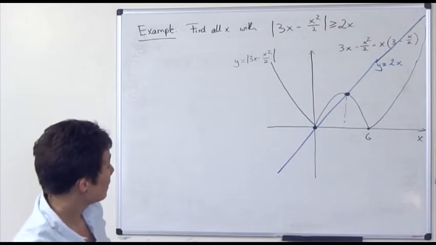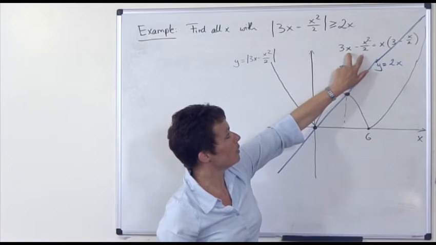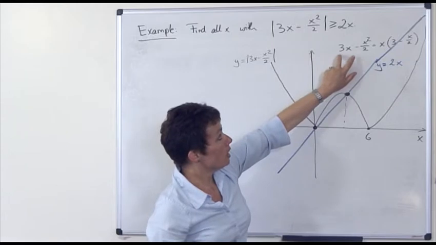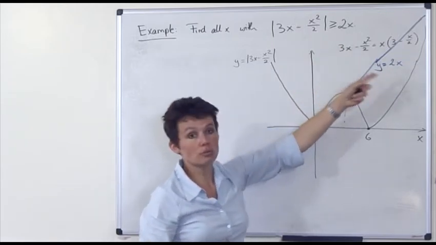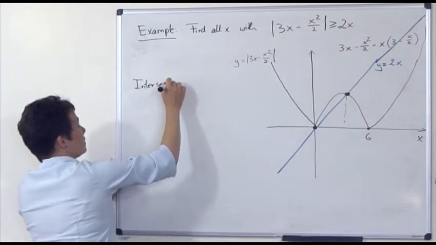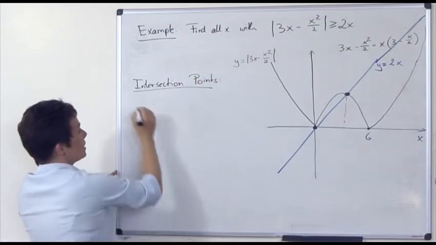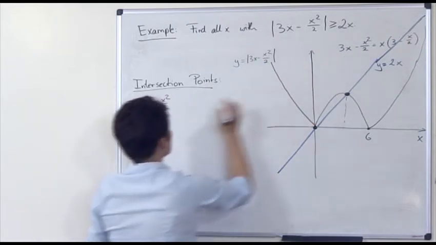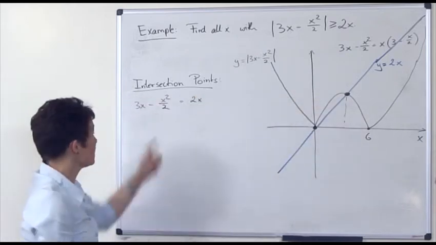So what do we have to do? This graph here is part of the graph of this function. There the modulus symbol was irrelevant. To find the intersection point with y equals 2x, we'll just set the two terms equal to each other. So we are setting 3x minus x squared over 2 equal to 2x. And we solve this as a quadratic equation.